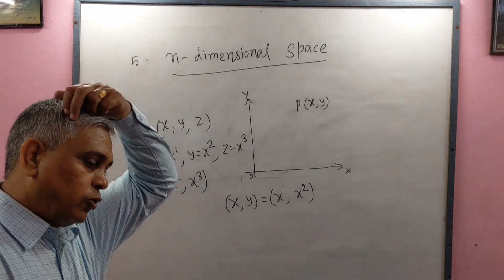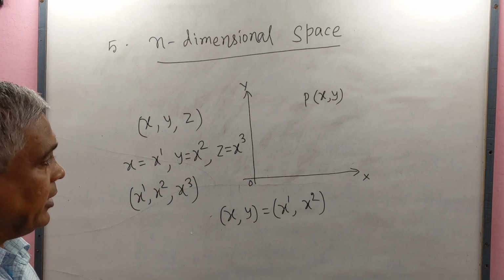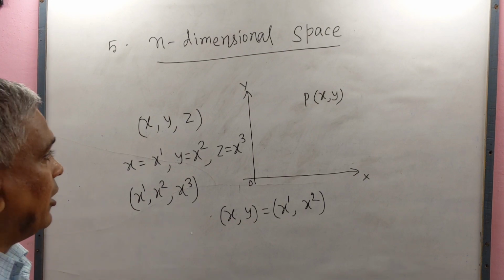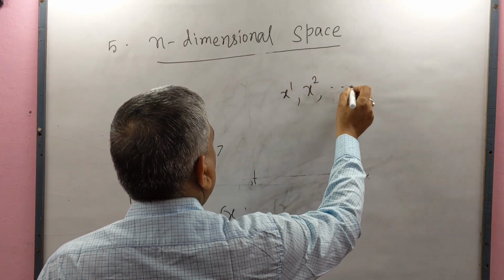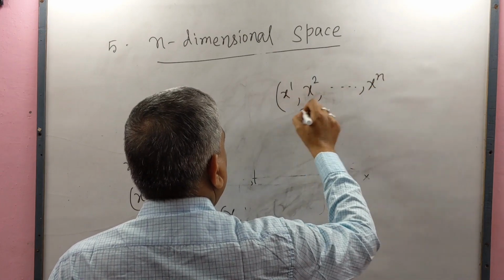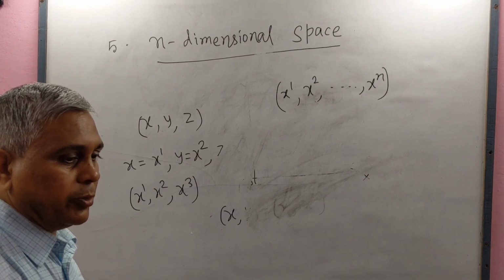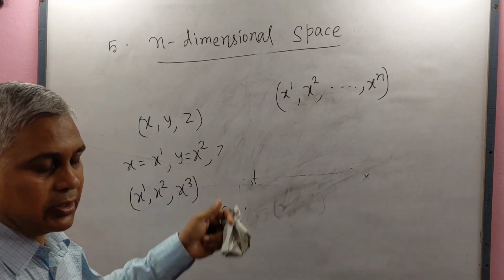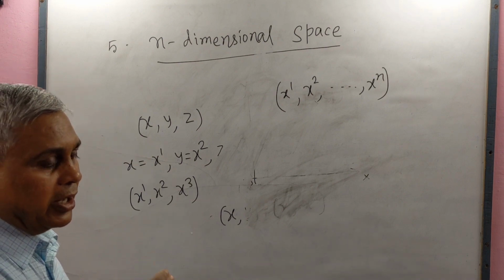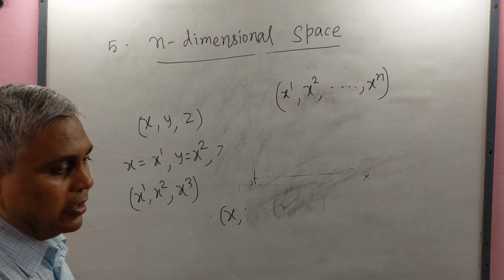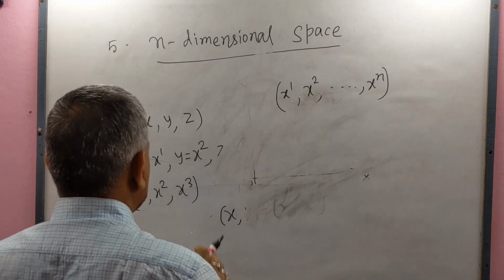Similarly, we may extend our tuples. We may take the ordered n-tuple x1, x2, ..., xn. This is the coordinate of the point in n-dimensional space. So we may extend from 2 dimensions to 3 dimensions to n dimensions. So this point is a point in n-dimensional space.